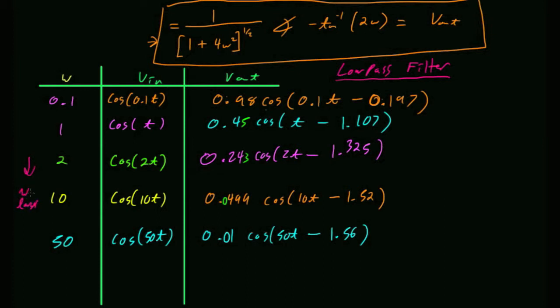Up here, output and input are almost exactly the same. Your input was 1, your output was pretty darn close to 1. As your frequency increases, though, 0.45, 0.23, 0.05, now you're practically next to nothing. This is a low-pass filter. All right? Proof positive. You can go to lab.